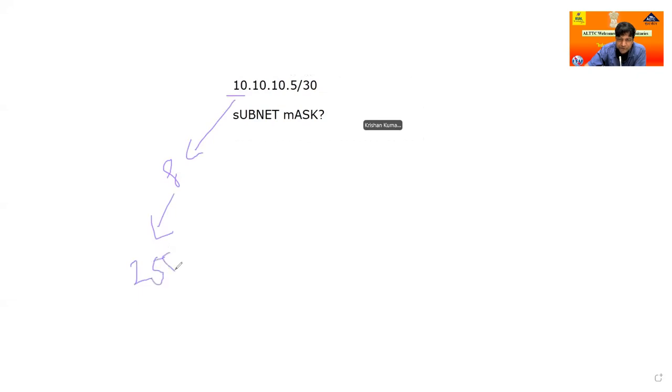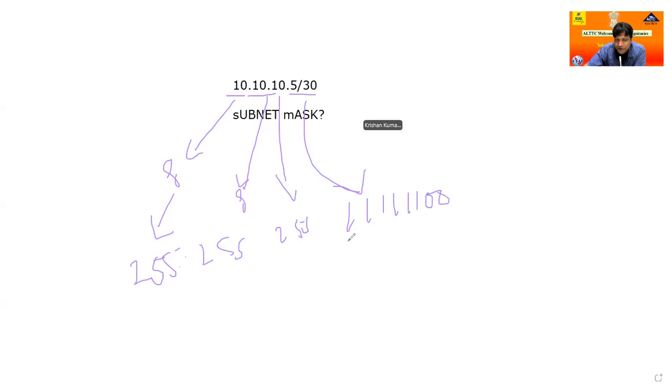Very nice, Saurav, very good answer. The next 8 bits are also fixed, definitely 255, and next is 255. And in the last octet, out of 8 bits, 6 bits are 1: 1, 2, 3, 4, 5, 6, and the remaining part is 0. When you solve this, 256 minus 4, this is 252. Saurav's answer is very nice.